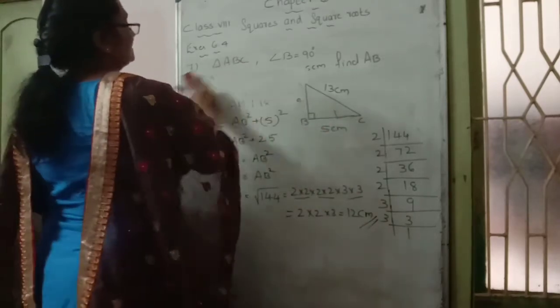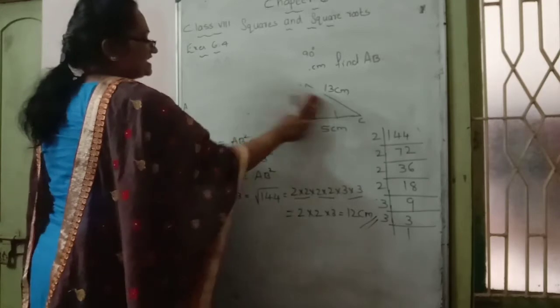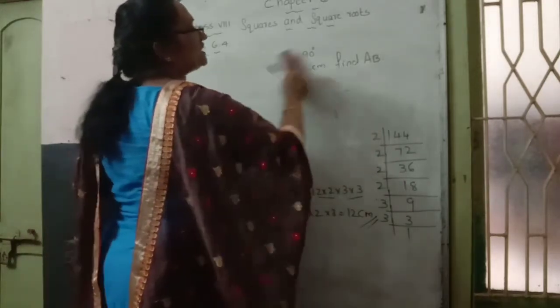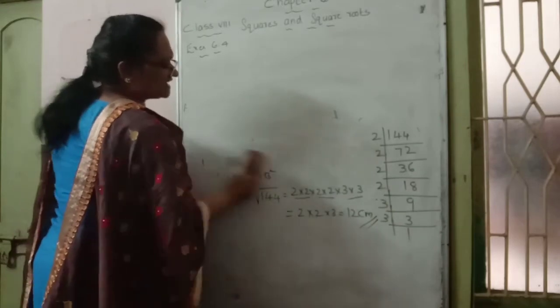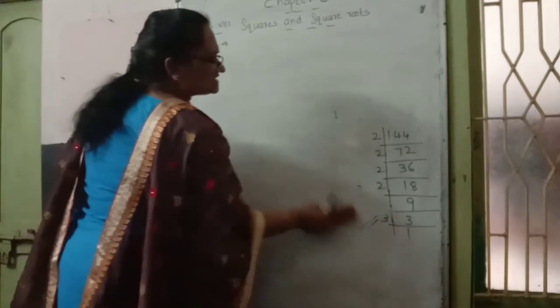Then one more question. In a garden, 1,000 plants are there.